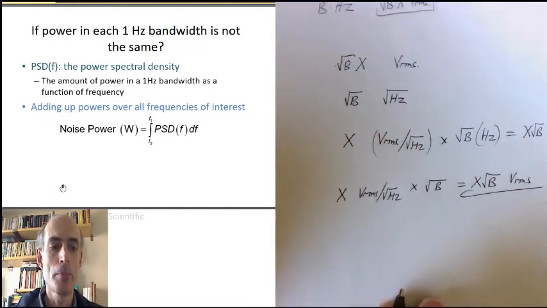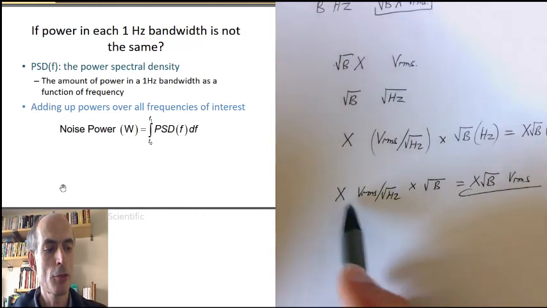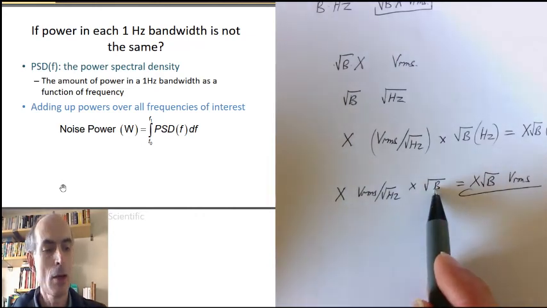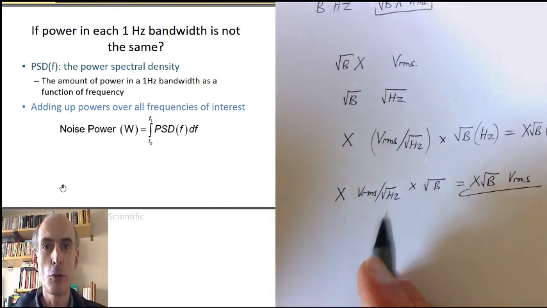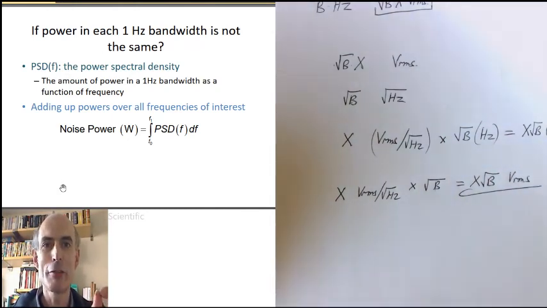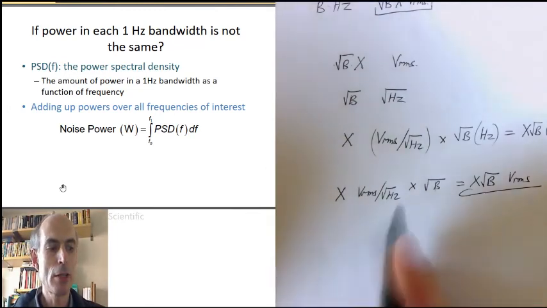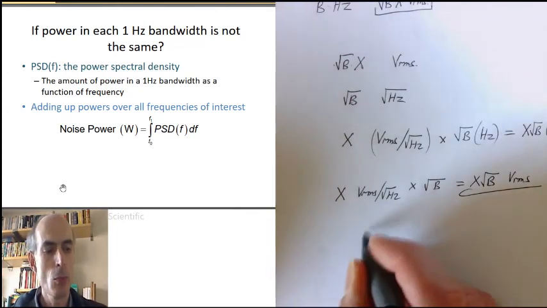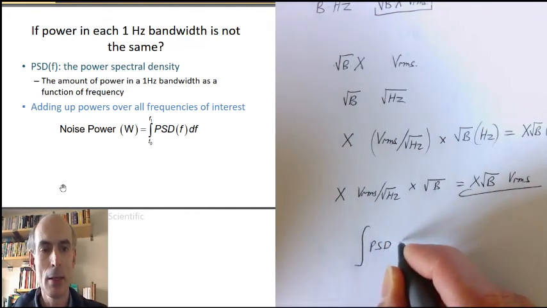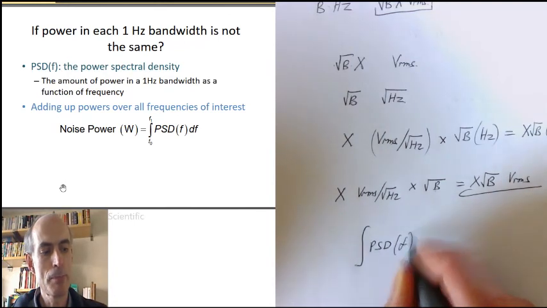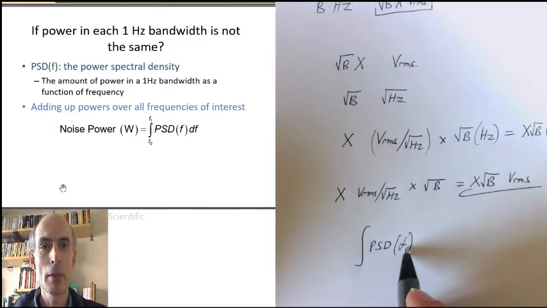What we can do, however, is instead of just a simple multiplication, we can use an integration to add up the contributions of each of the tiny little frequency ranges within the bandwidth B. So instead of doing a multiplication, we have to do an integration of the power spectral density. The power spectral density is a function of frequency, and it tells me how much power there is in 1 hertz of bandwidth.